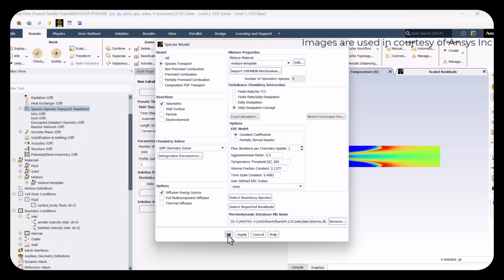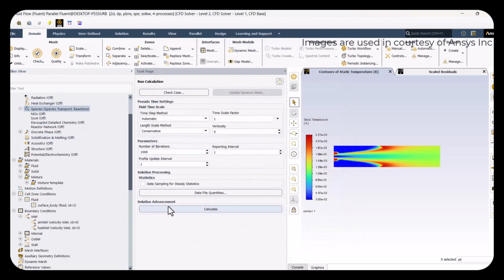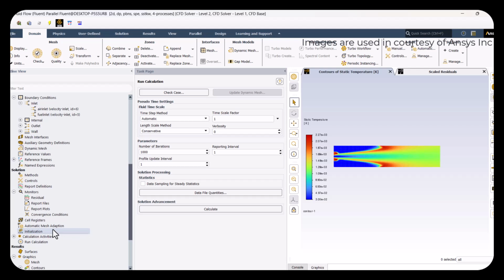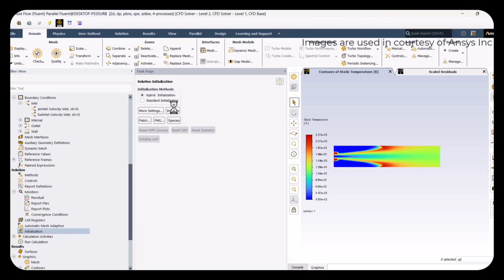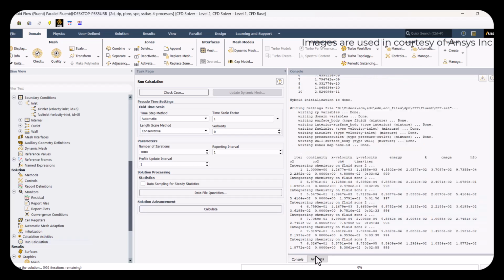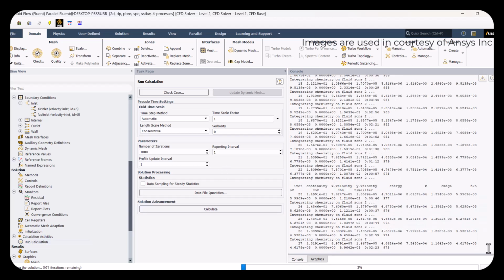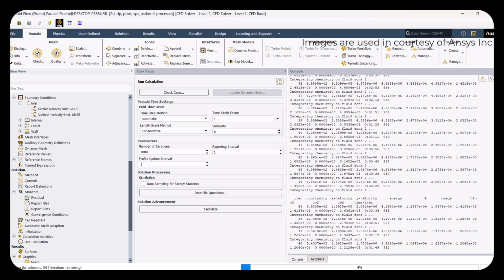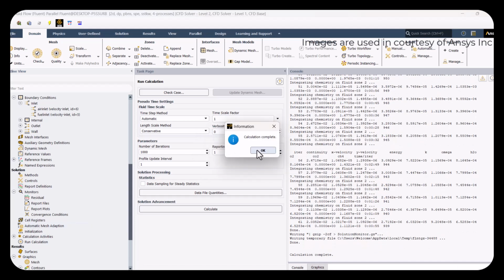Now, if I go with the Eddy dissipation concept model, again the thing is the same. Even though there is a fine structure, there are no Arrhenius rates due to the low temperature, so you cannot see any reaction rates. Let's stop and show it.